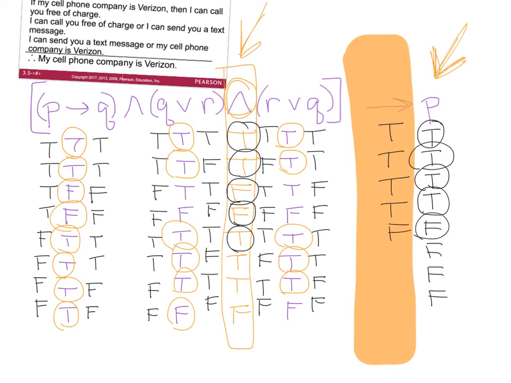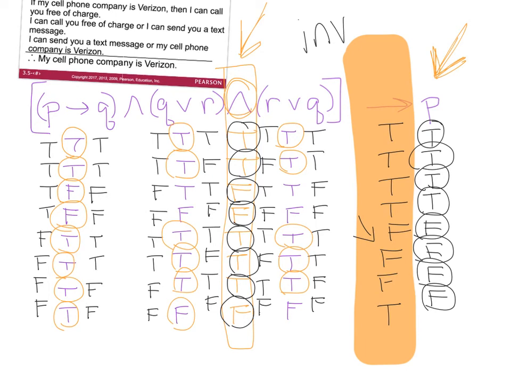Okay, that's the one time you have a bad situation in a conditional statement. So we are going to have a couple falses in here. And because you have some falses, this is no longer a tautology. So therefore, you would be able to say that this argument is invalid.